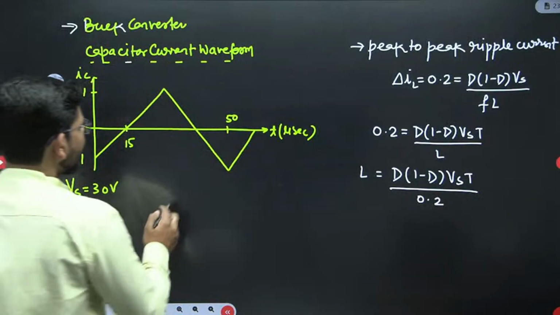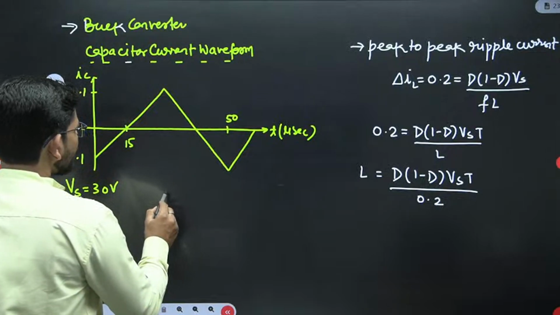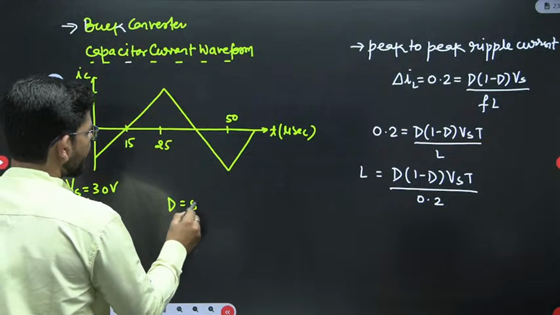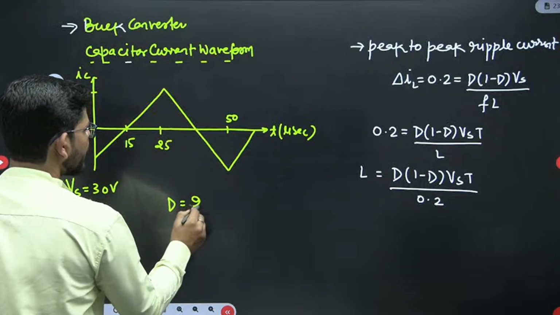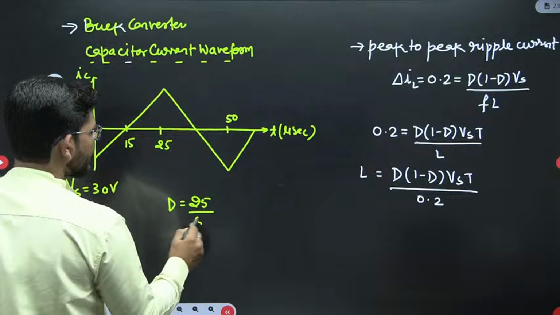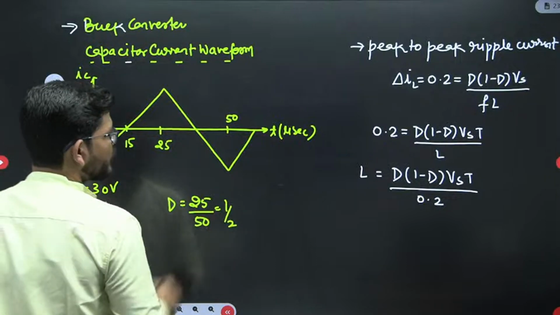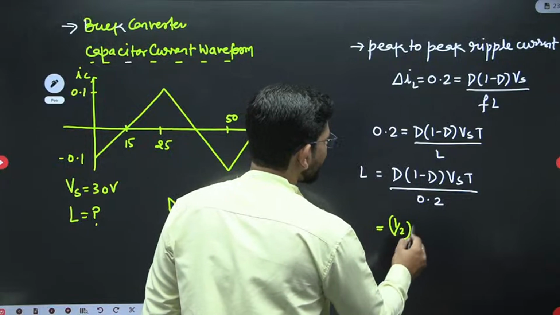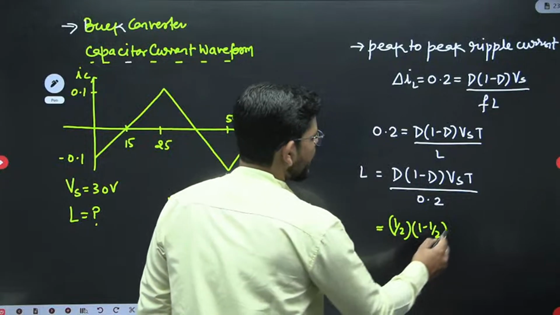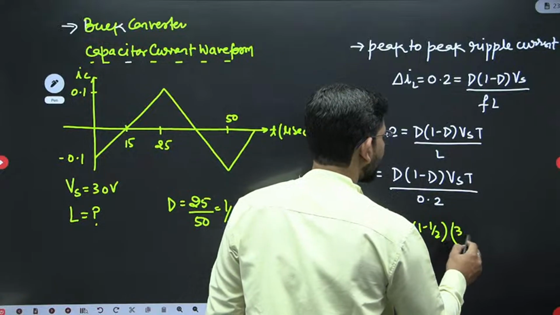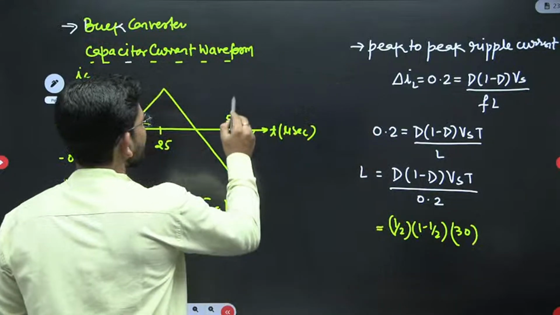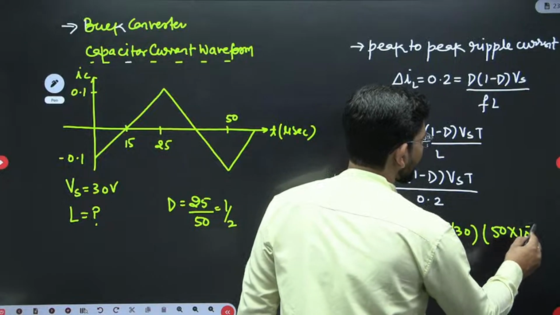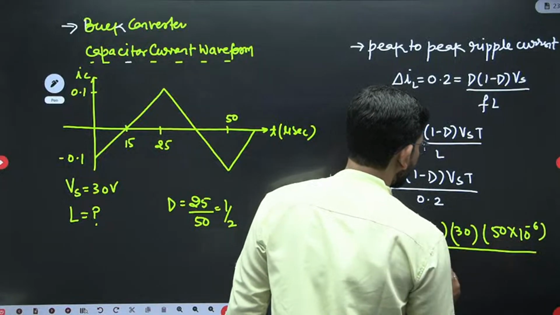Now what will be the value of D? The D value here will be 25 over 50, the on time over the total time, so you will get 1 by 2. Now put the values here: 1 by 2 into (1 minus 1 by 2) into Vs, which is given 30, and the time will be 50 microseconds, divided by 0.2.